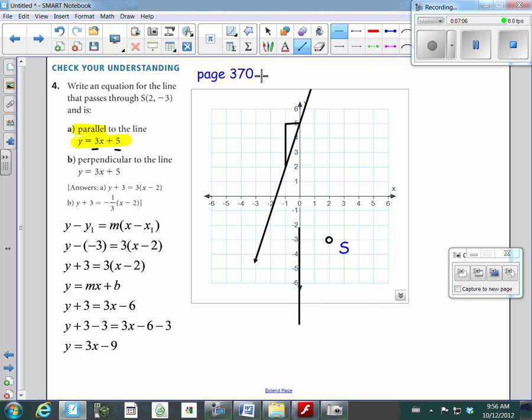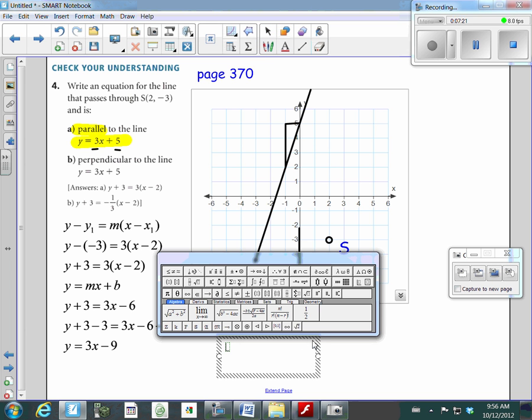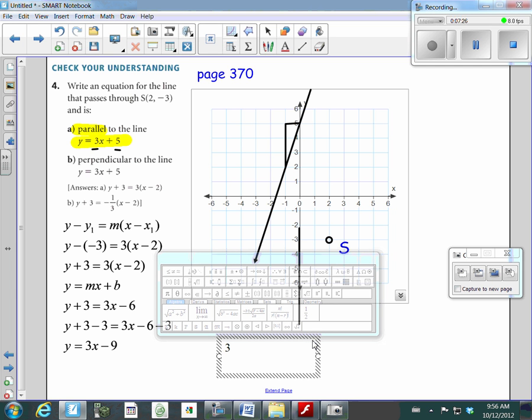Well, remember from our work in sections 6.1 and 6.2 on perpendicular lines, what is the relationship between a slope and a slope that is perpendicular to it? So if we know the slope of one line is 3 over 1, what would its negative reciprocal be?